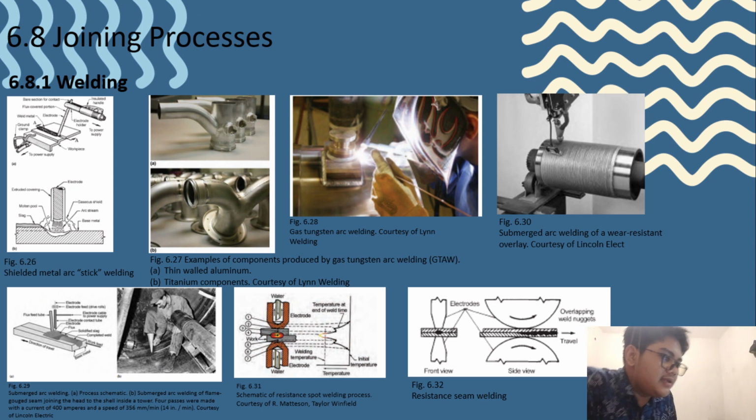Gas tungsten arc welding, or GTAW, is also known as tungsten inert gas, or TIG. Welding heat is produced between a non-consumable electrode and the workpiece metals. Because the electrode is non-consumable, welds can be made by fusion without the addition of filler metals.